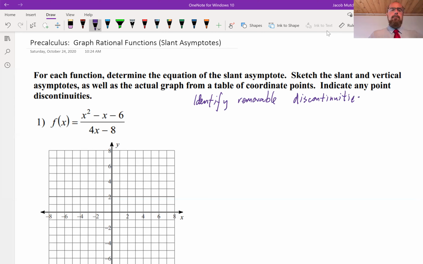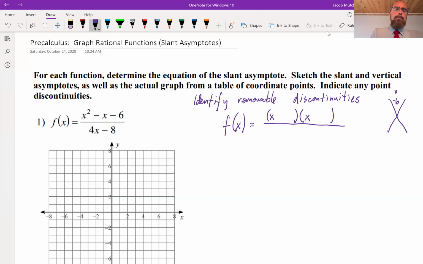So in my function here, I'm going to start in the numerator. I've got the quadratic x squared minus x minus 6. As I set up my two linear binomial factors, I need x and x in my first positions. Those will give us x squared. Then I need to decide what numbers will do two things simultaneously. They'll multiply to that c term, -6, and add up to the b term.